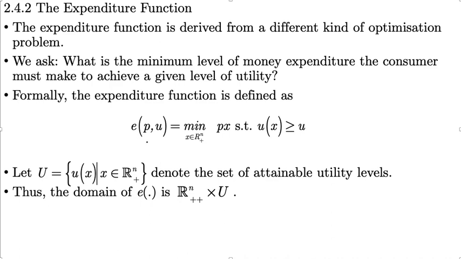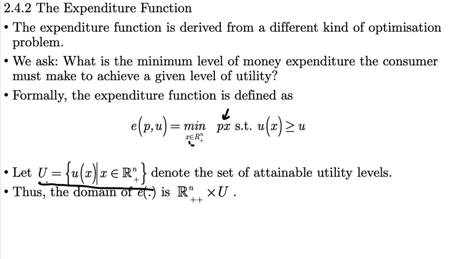Now, in a formal way, it can be written as this. The expenditure function as a function of price and utility is equal to minimizing total expenditure, subject to the utility of bundle X, such that the bundle is non-negative real numbers in n dimensions. Now, let's say we have a set of attainable utility levels, given by this expression.